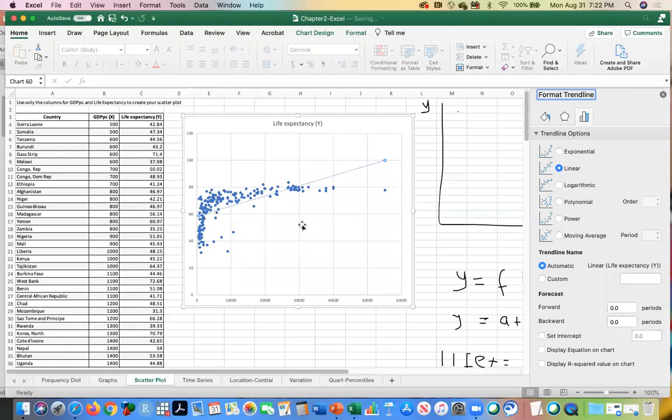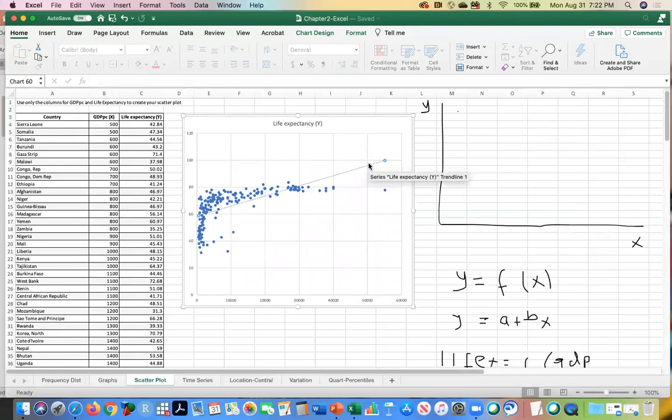That gives me a better perspective of the slope. As you can see, as GDP increases, life expectancy also increases. I was able to draw this line electronically using Excel. That tells me this is a positive association between the two variables, meaning that as GDP increases, life expectancy tends to be higher.